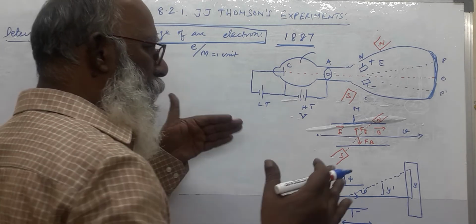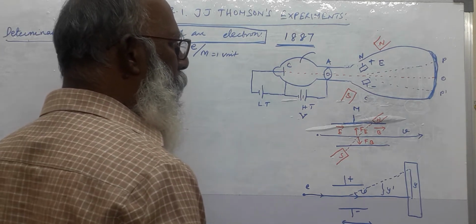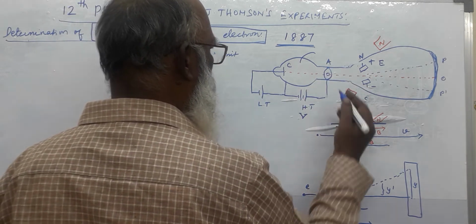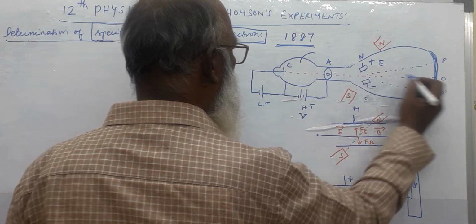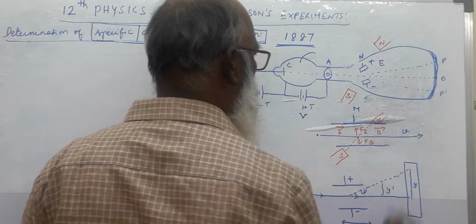That's why the scattered electrons are converted into a small ray and pass through this hole. The ray hits straight away on the screen at the point O.